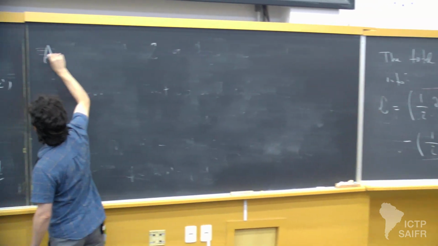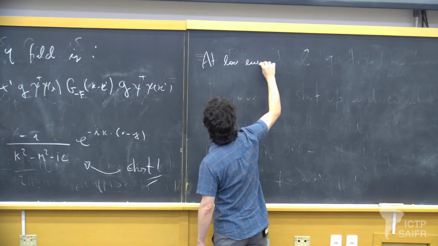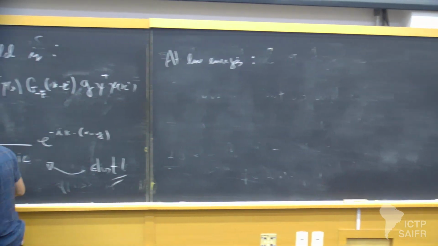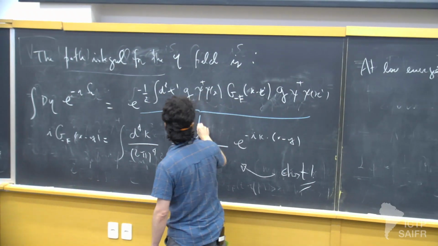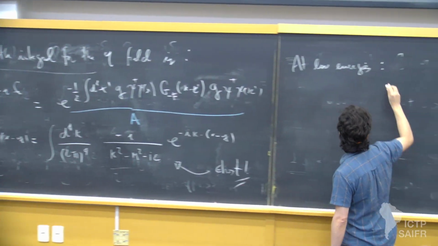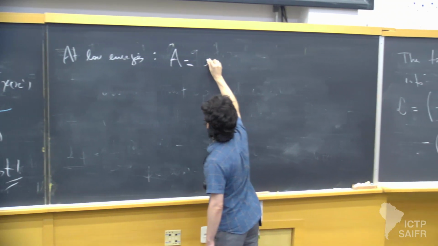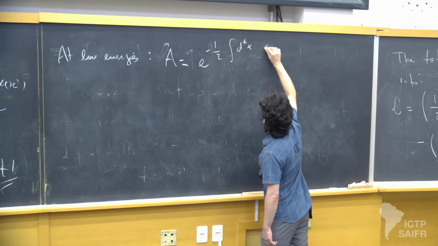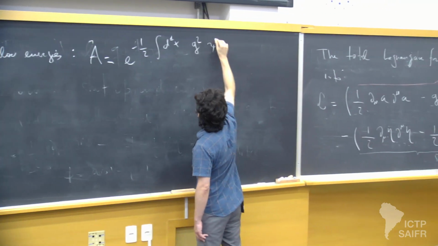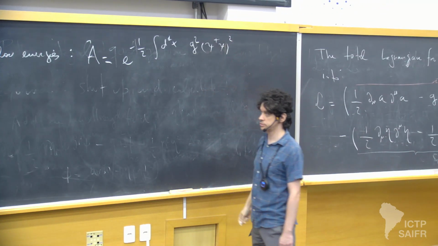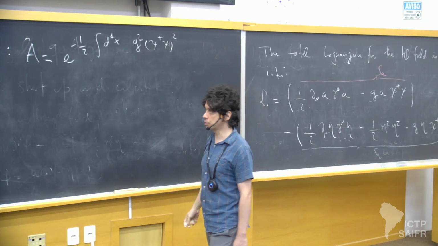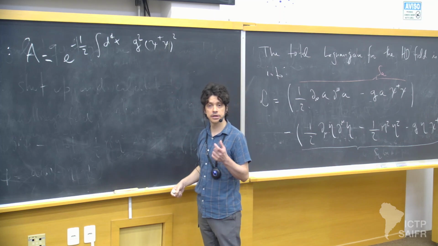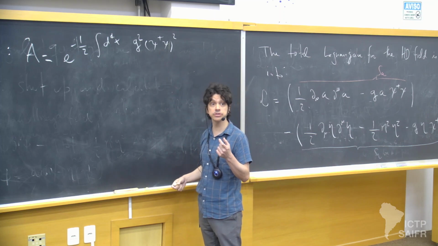So at low energies, all this guy here, which I'm going to call A, behaves just like this. Minus i, d4x, g squared, chi dagger chi squared. So as you remember, the Lagrangian associated with the chi field had a self-interaction term.